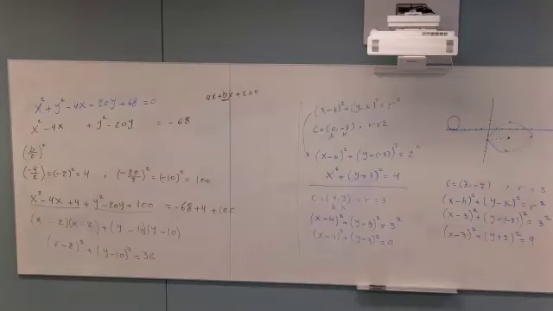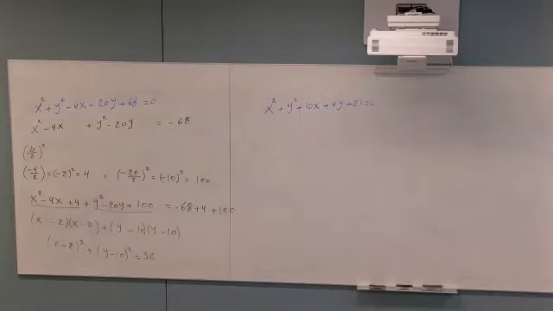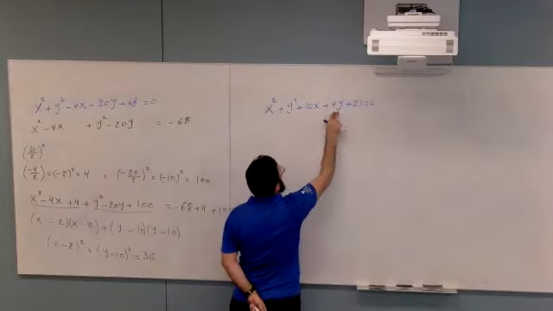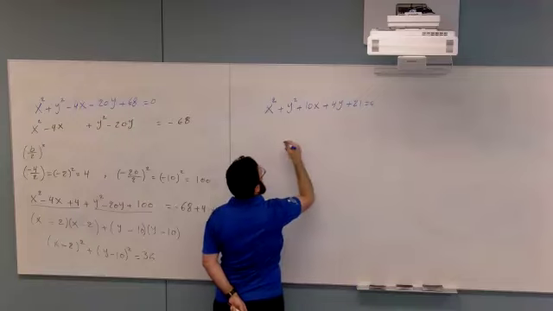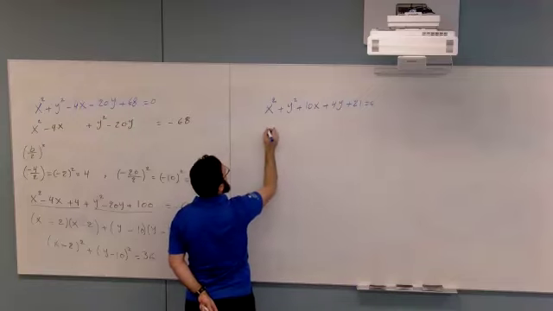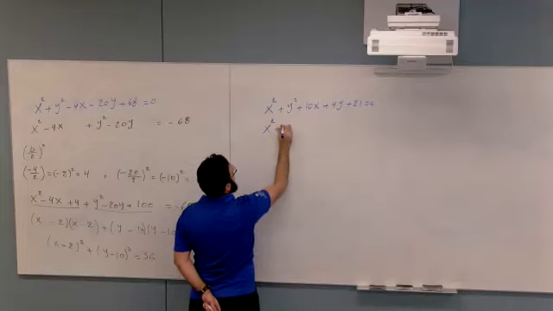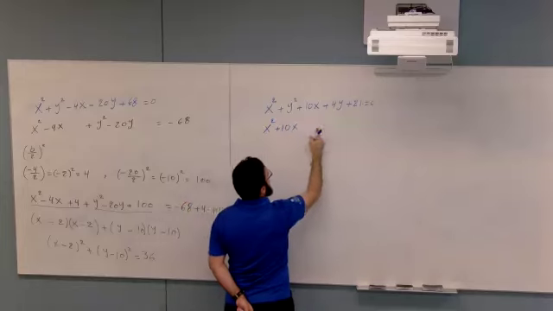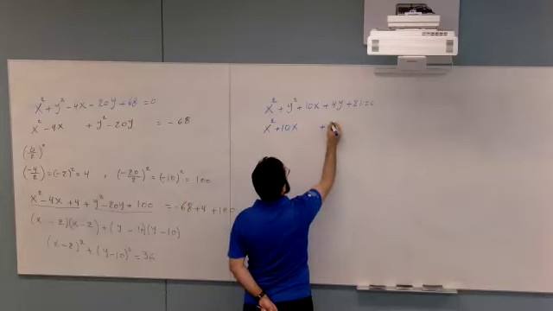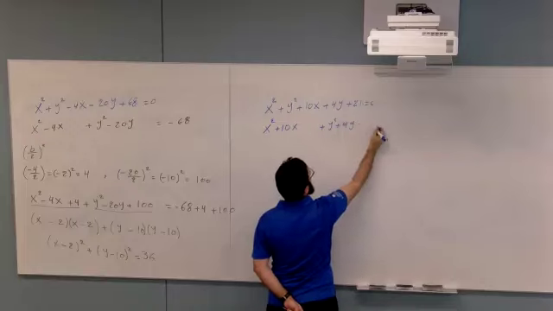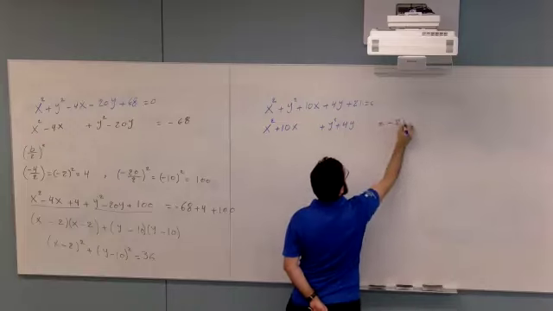So, the next example. Do we do the same thing? The first thing, I'm going to put the x with the x squared and the y squared with the y. I'll move the 21 to the other side. It'll be x squared plus 10x, the missing term, plus y squared plus 4y, the missing term, equal to 21.